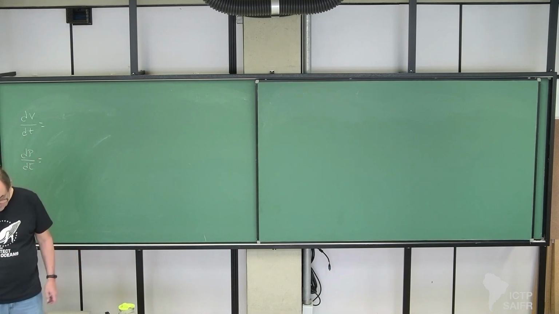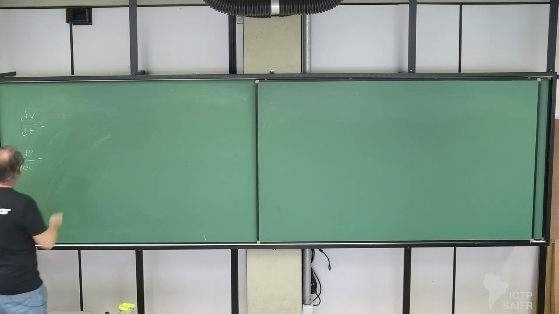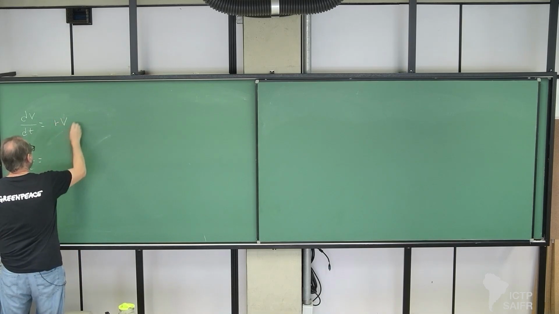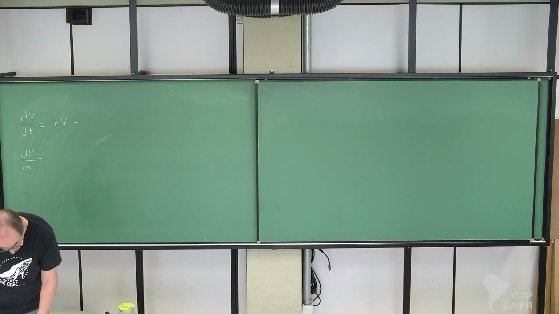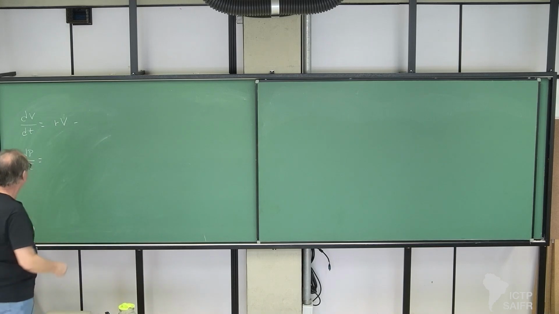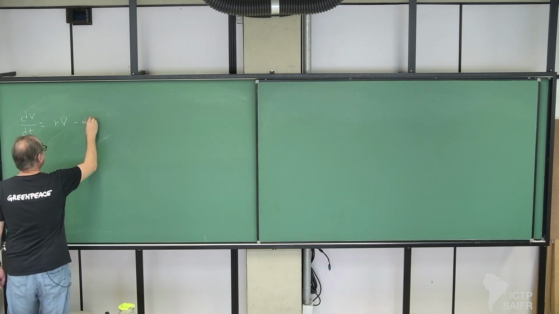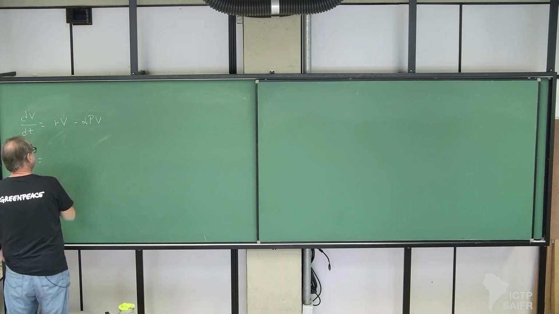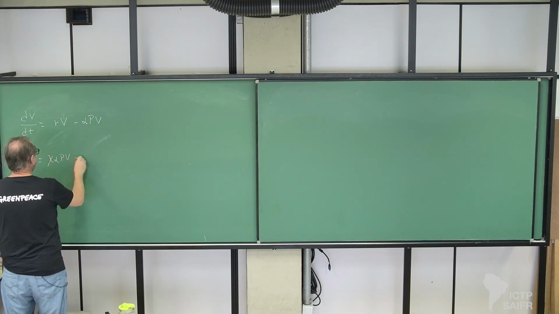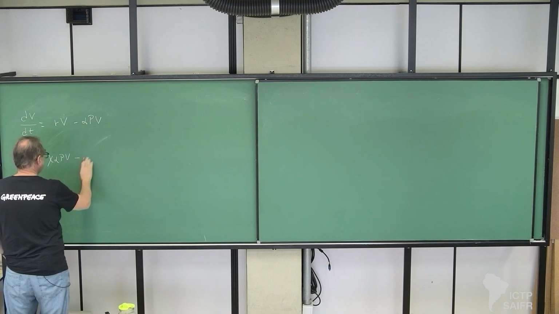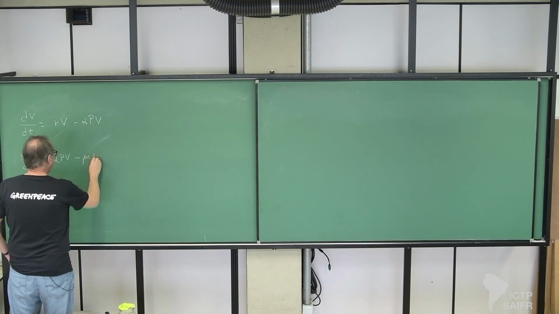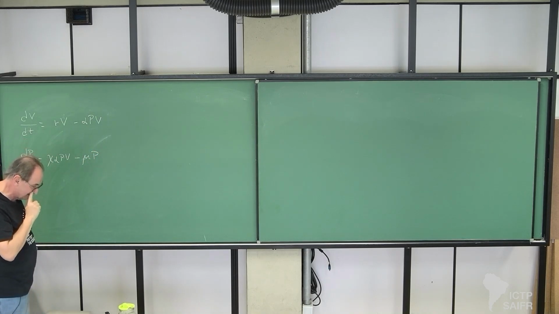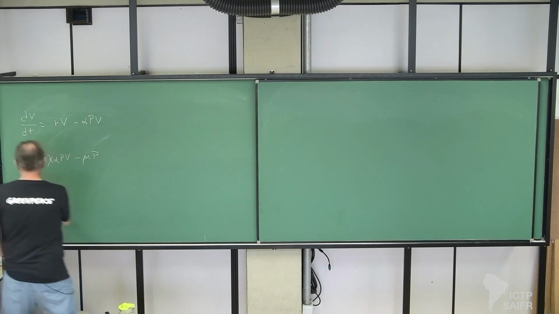So we have this, minus alpha times P times V. And then you had some efficiency E times alpha P times V, minus mu P. That was the Lotka-Volterra system of equations.